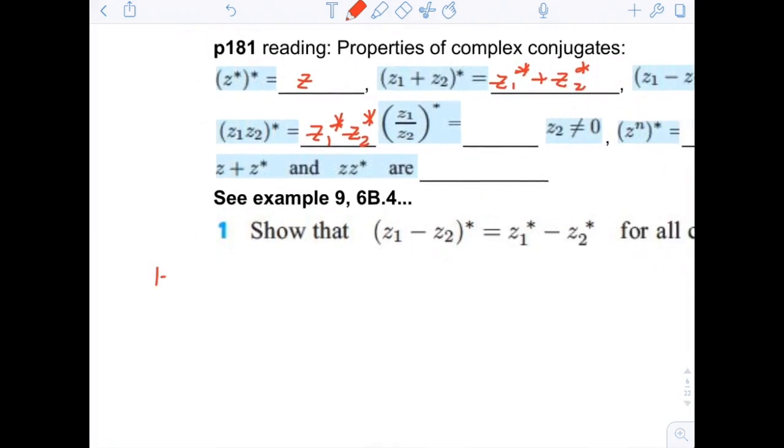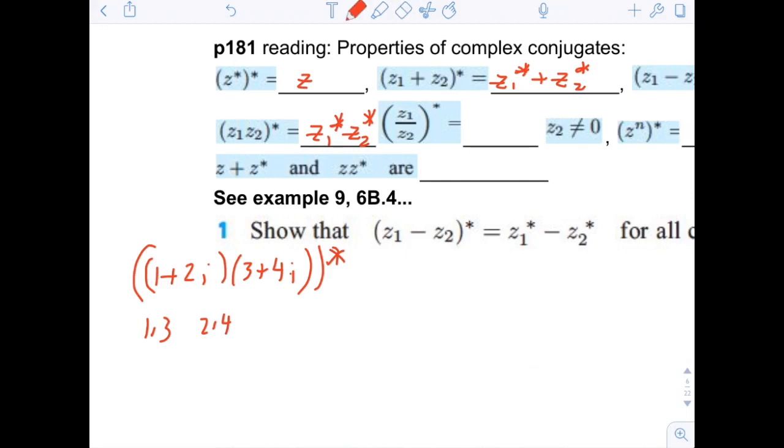So if we have 1 plus 2i times 3 plus 4i, and we want to take the conjugate of the whole thing, we'll do FOIL. 1 times 3 plus 2 times 4 minus, right?